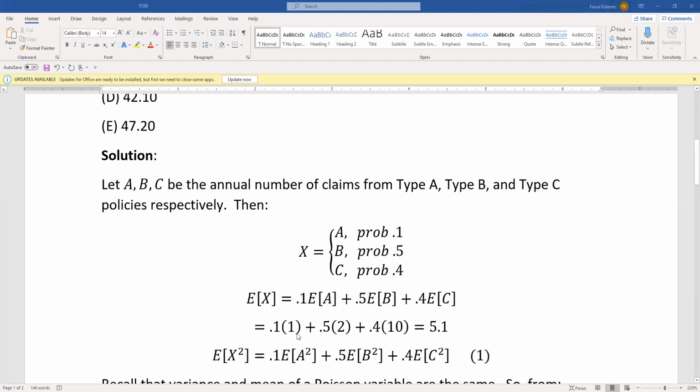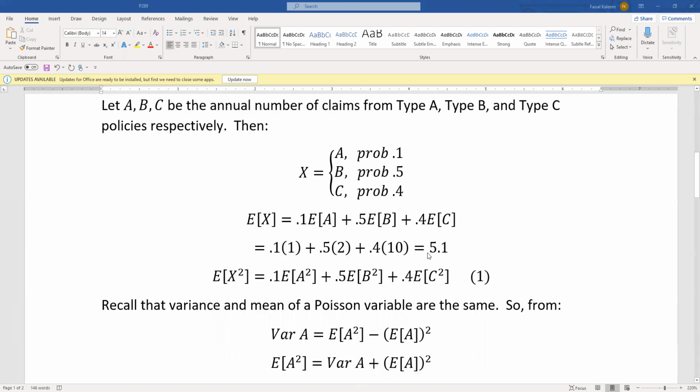So E of A is 1, E of B is 2, and E of C is 10. So this gives us E of X to be 5.1.